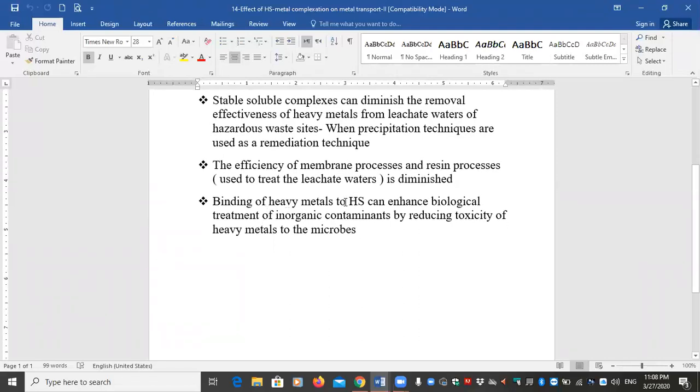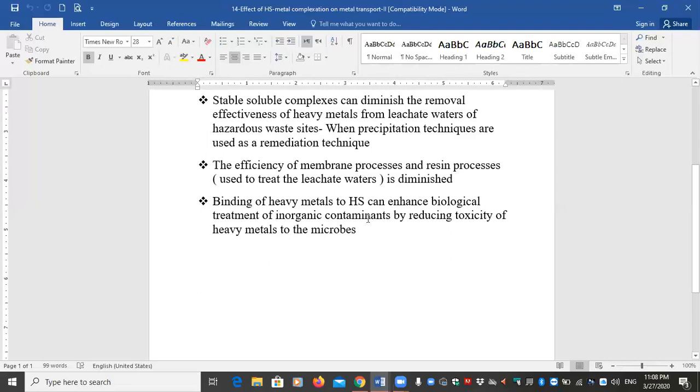Binding of heavy metals to humic substances can enhance biological treatment of inorganic contaminants by reducing toxicity of heavy metals to the microbes. Binding or complexing of heavy metals to humic substances can enhance, make it better, encourage biological treatment of inorganic contaminants.